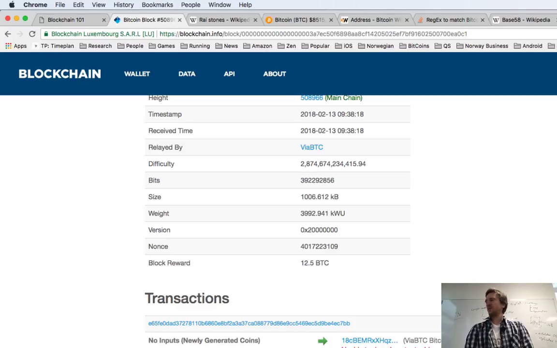Why is it not 12.5? The miner who discovered the output, the hash, has been given a reward plus some extra. Where is the extra coming from? So it's 1.20, yeah? Transaction fees, exactly.